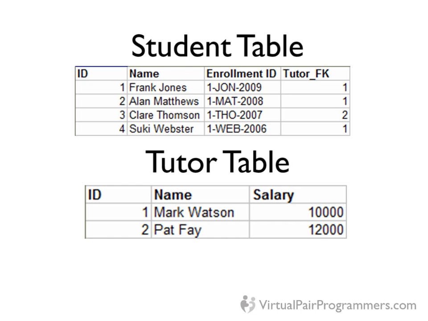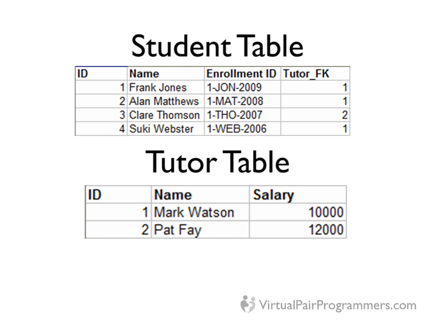And remember that each student only has one supervising tutor. Therefore, I've added a new column into the student table, which I've called here tutor underscore FK. Now the FK here, it's very common to use that abbreviation. It stands for foreign key.